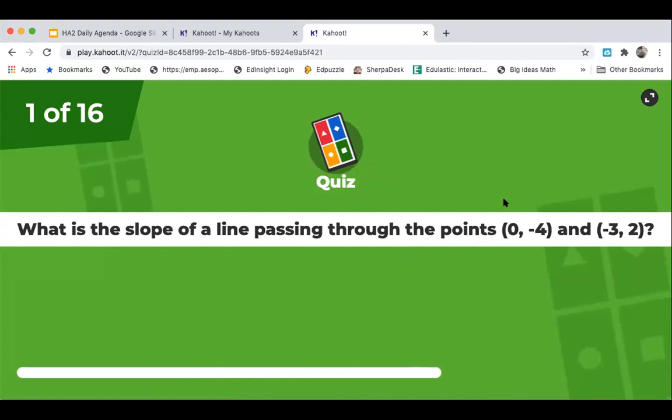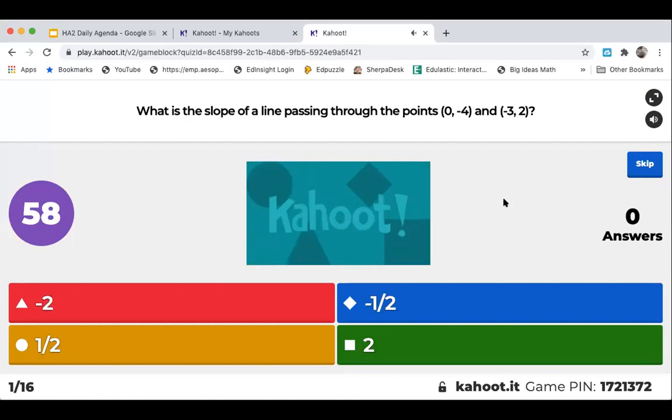So first question, we're finding the slope of the line, just slope. It gives you some time, a whole minute. The points are at the top. See if I can make this full screen to make it a little better.